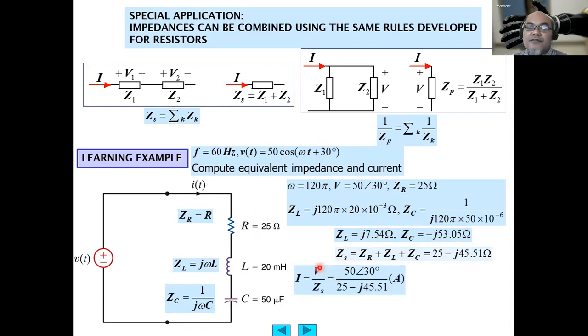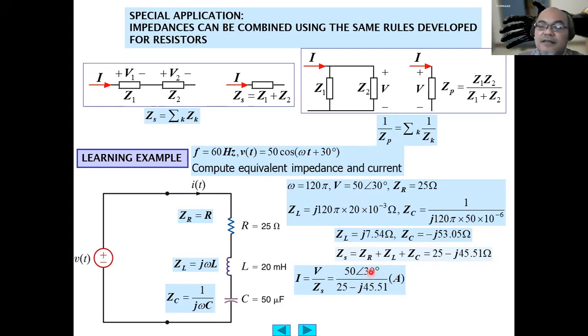Calculating the current, voltage divided by the impedance: the voltage is 50, magnitude 50 with a phase angle of 30 degrees, divided by the impedance, 25 minus J 45.51.